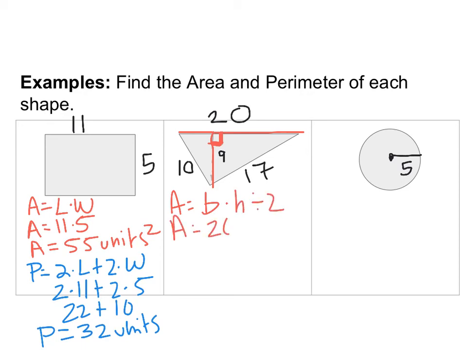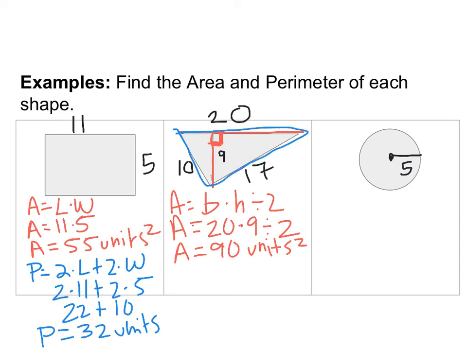That's going to be 20 times 9 divided by 2, which is going to give me 90 units squared. And then for perimeter, that's going to use the outside edges. So I'm going to do 10 plus 20 plus 17, which will be 47 units.